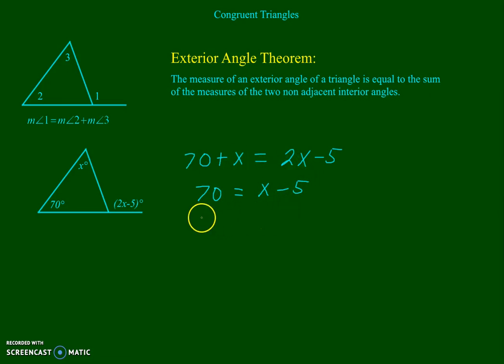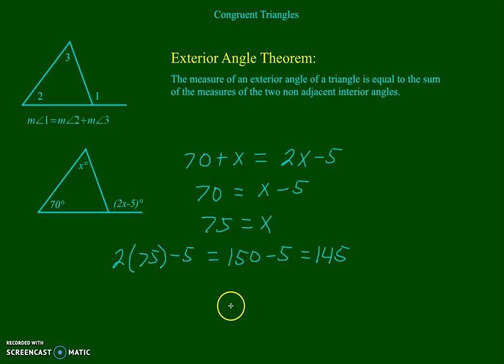Add the 5. 75 equals x. So we know that x is 75, and so the measure of this angle is going to be 2 times 75 minus 5, which is 150 minus 5, which is 145.